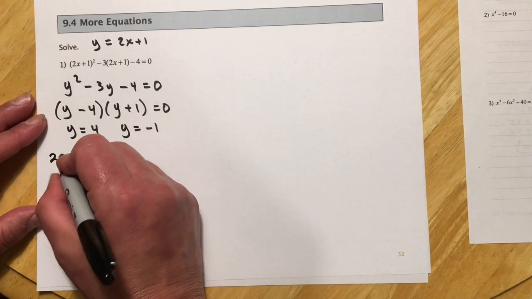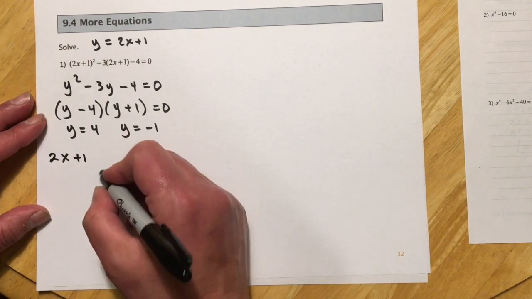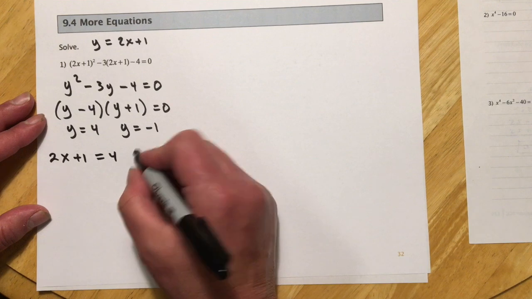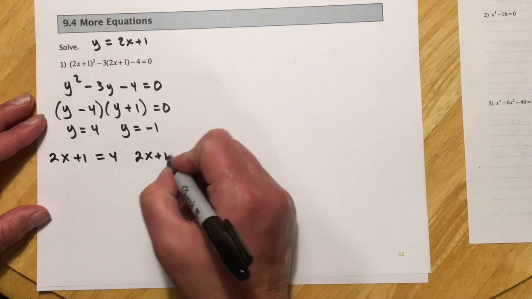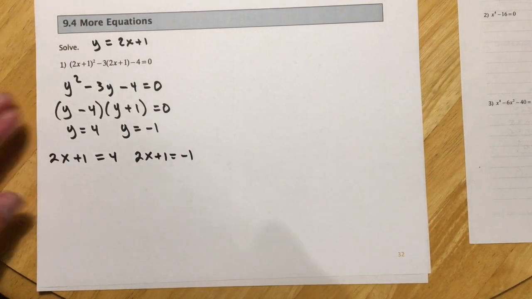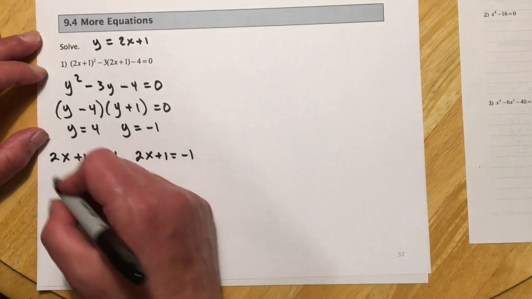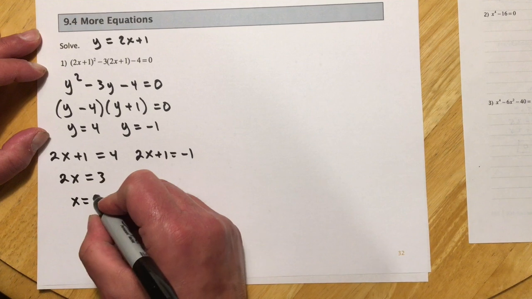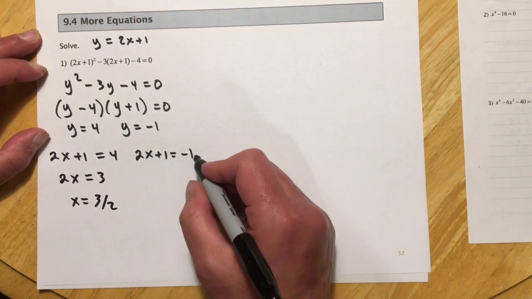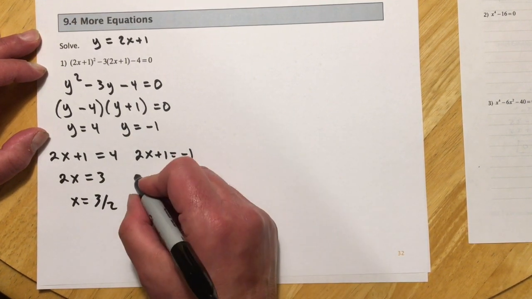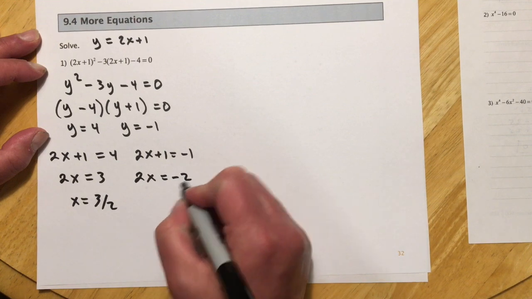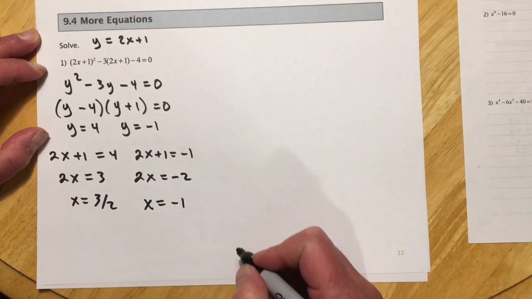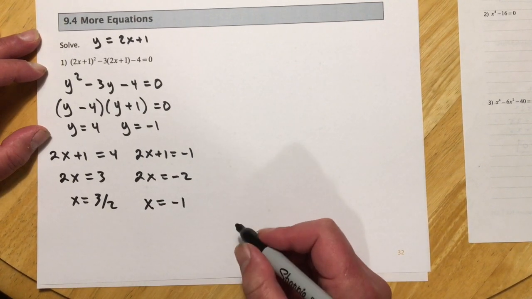So then I can say 2x plus 1 equals 4, or 2x plus 1 equals -1, and then finish solving from there. So 2x equals 3, x equals 3 halves, and here subtracting the 1 over, 2x equals -2, x equals -1. So that's one way to do it.